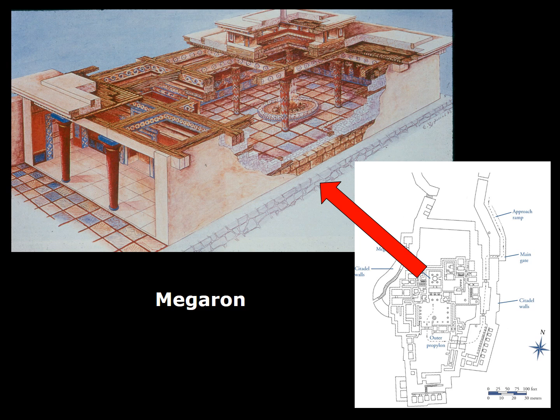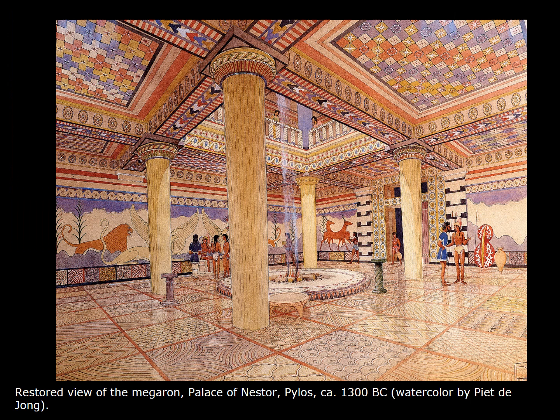But when you come inside, it's certainly something very different. This is another restored view of the Megaron. You can see it would have had a central hearth, right? And these four very Minoan-looking wooden columns. You've seen those before in the Knossos Palace.